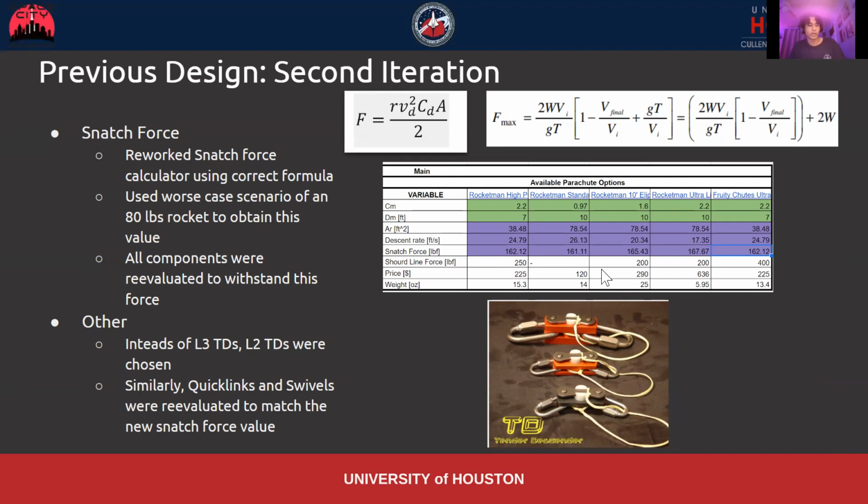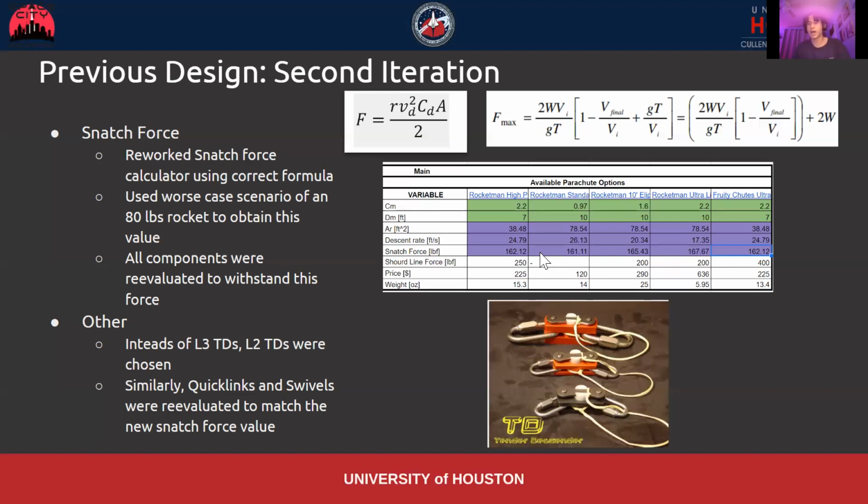If we use the weight that we have projected for Zenith, we get a value closer to 130 pounds. If we use a worst case scenario, we get closer to 160 to 170 pounds. And based on this, let's just say it's 170 pounds. We could reevaluate a lot of the components.